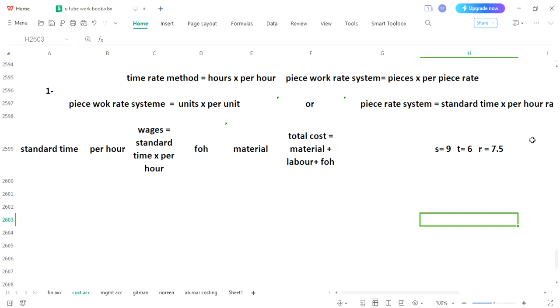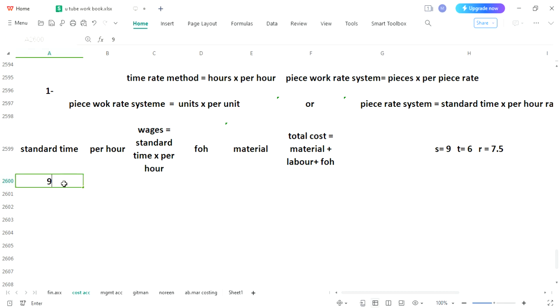It would be easy for us to use this information for calculation of the second and third parts as well. Now here standard time was given as 9, per hour rate is mentioned as 7.5. So instead of going back to the question and returning again to the solution, we have mentioned all of the required information over here. We will not have to scroll our pages.